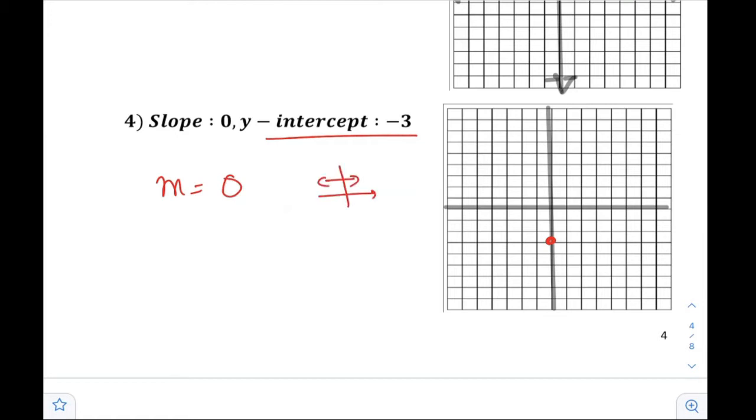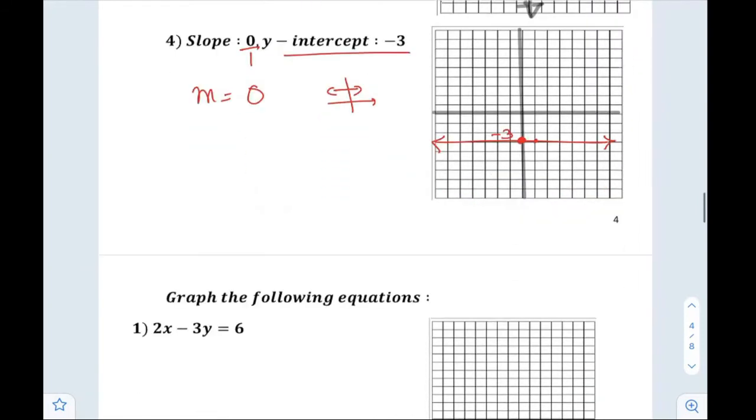Remember? Horizontal line passing through any y-intercept. So if you want to check whether it works or not, 0 over 1 means rising 0 units and running 1. So if you rise nothing and run 1, you will reach here. So that proves that we will have a horizontal line as we expected, passing through the -3. And this is a special case, horizontal line.